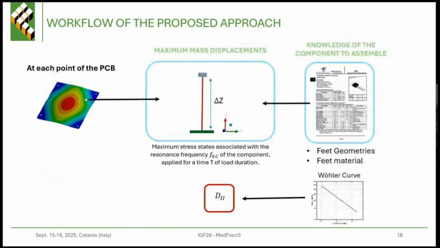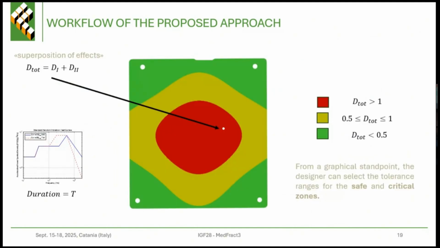So this part produces another damage, because we can assert that we have now, again for each point, the maximum mass displacement, and with the knowledge of the geometry, we can analyze the system, and with the Wheeler curve of the material, again, the damage that I called second damage, because it's the second part of a total damage that comes from superposition.